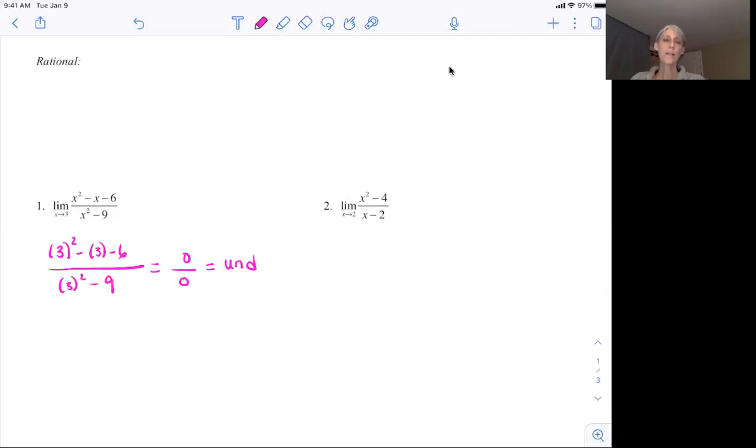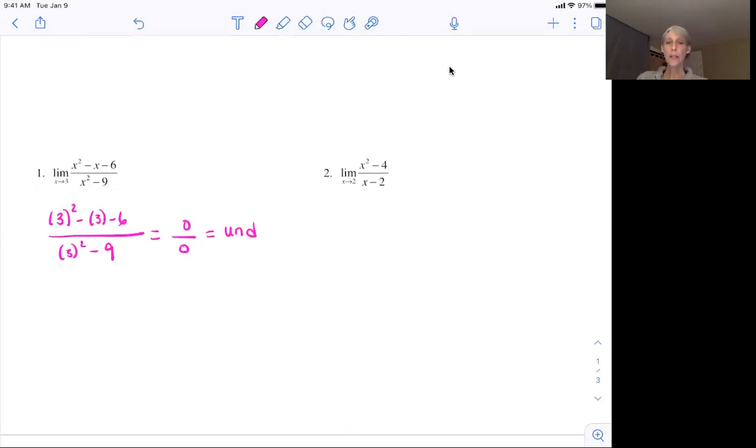But that does not necessarily mean there's no limit, because remember, in the first day of this unit, we talked about how we still can get a limit even though it's undefined. Okay? So instead of going to our calculator, we're going to talk about how we can deal with this algebraically.